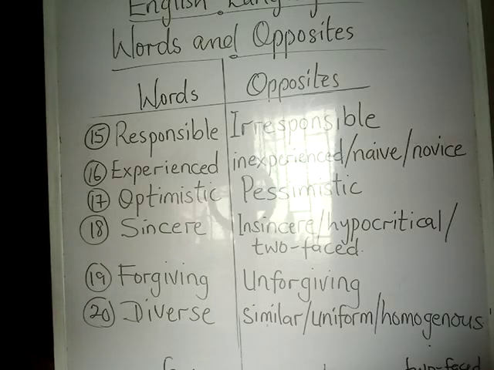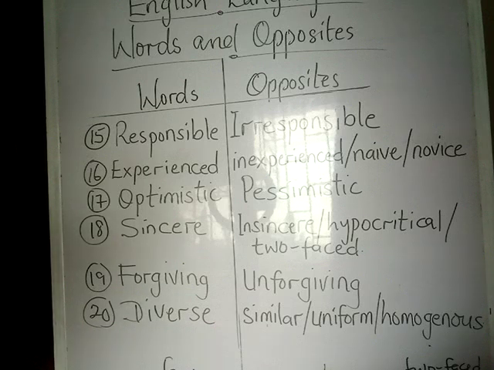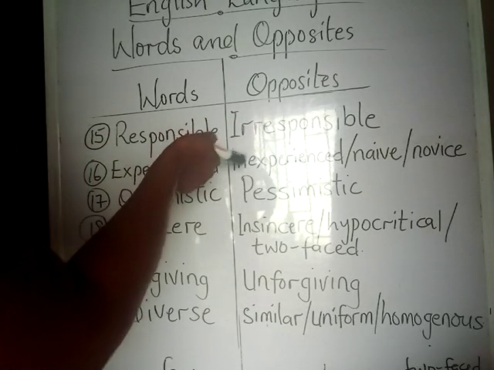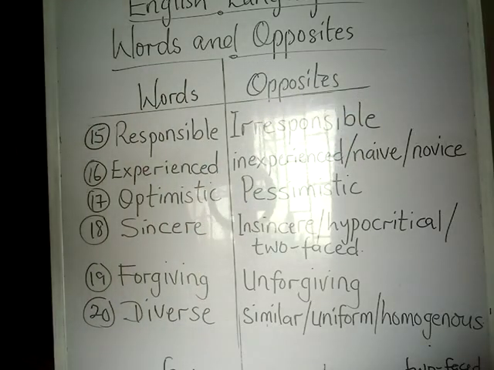You don't know anything about it. Or you are a novice. You are new to that terrain. You do not understand what it takes to get that thing done. So experienced means you're like an expert. You know how to do it very well. You understand the stuff. Then the opposite is inexperienced or naive or novice.